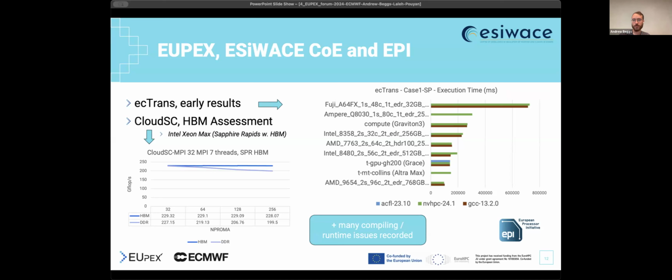And sometimes it's because the compilers just don't work with our code. And we're able to then give feedback to the compiler developers and have them iterate and co-design on their compilers. And then we can have these codes running on Exascale systems as soon as they're released.